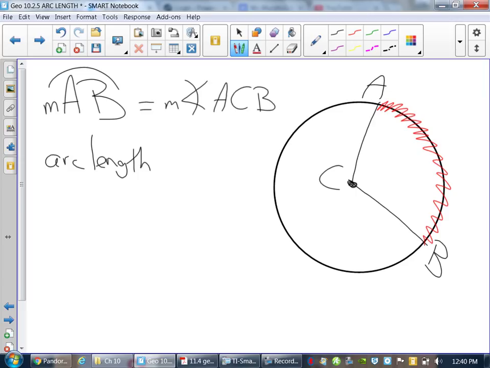I've done that in the past, but I haven't written the test yet, so I have no idea. Why do you ask? I was just wondering if it was going to be a word bank, or if we actually write out what it is. I don't normally do stuff like that. It's very rare that I have that on a test, because I'd rather set it up so that I just say, what's the arc length, and that way you know what parts you have to use, if that makes sense.